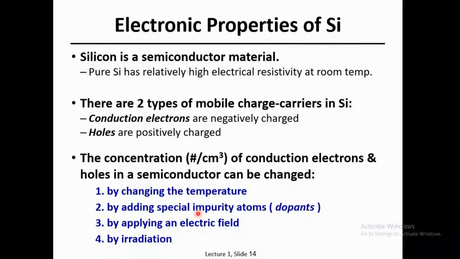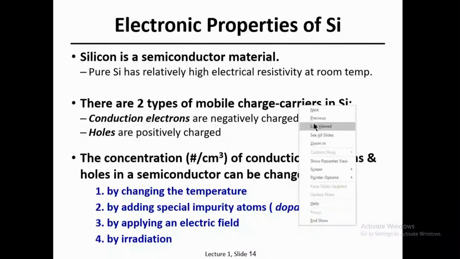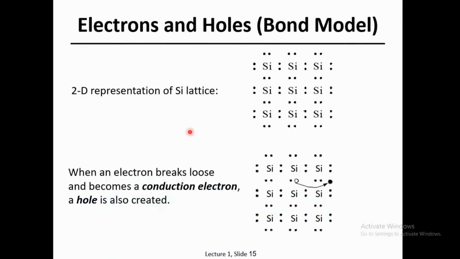If we have an impurity added to the atom, then we'll say that we have an extrinsic material. If it's done by applying an electric field or an irradiation, then in here we'll be talking, when we reach the electrical properties of the material or the optical properties, and we will then be describing the conductivity and the mobility of electrons. So we will go one by one with the material.